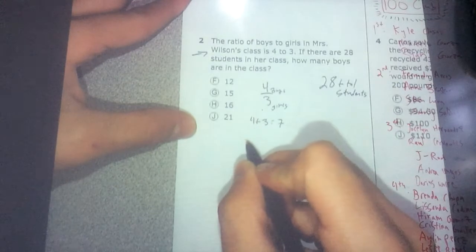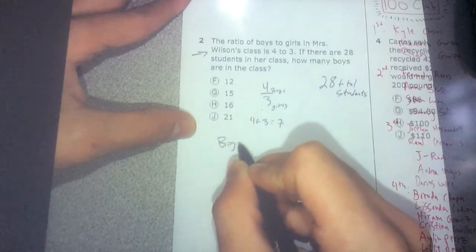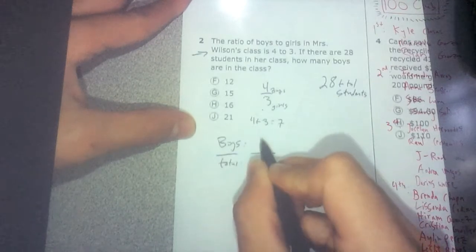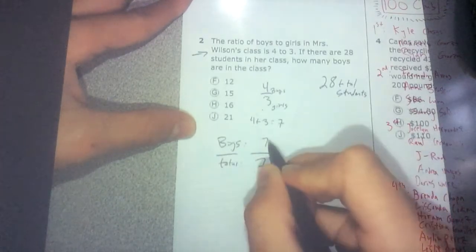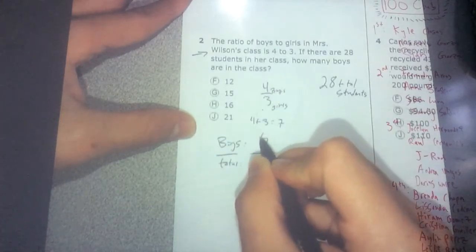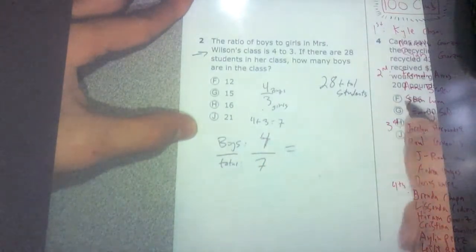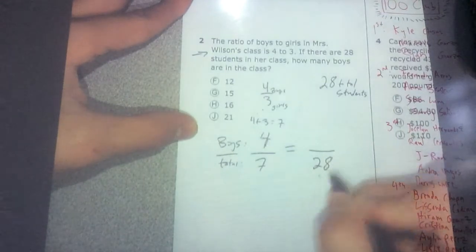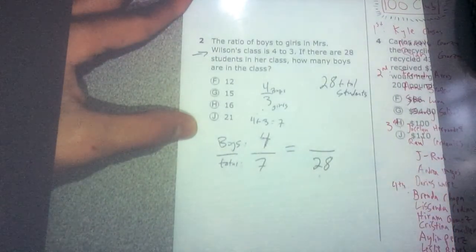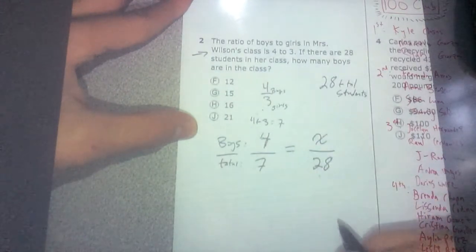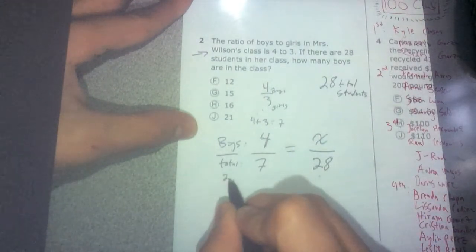The ratio of boys to total is going to be 4 over 7, because the total number of students is 7 and the number of boys is 4. Now, I'm given the total here, so I can put the total number of students, 28, in this larger class, and then x here.